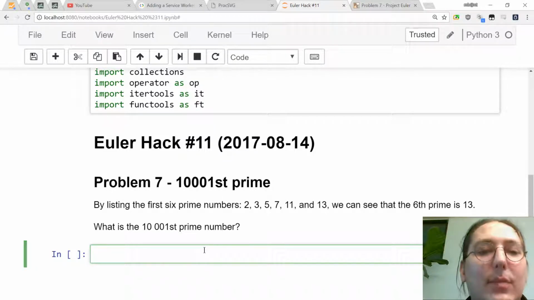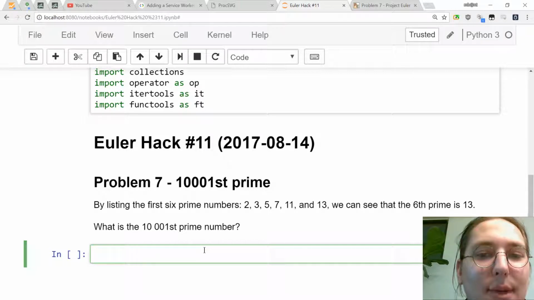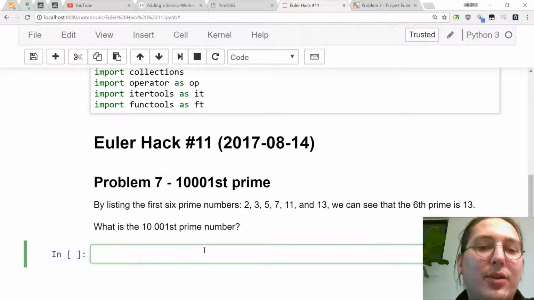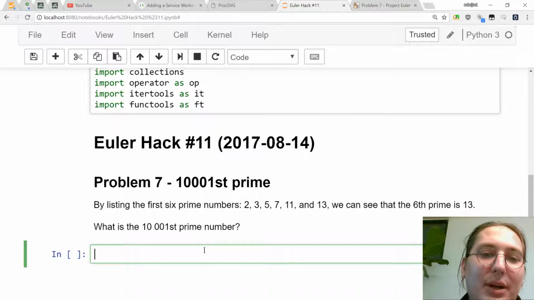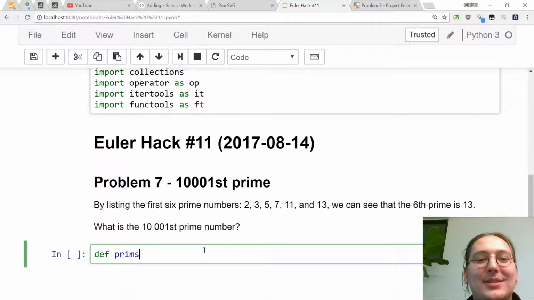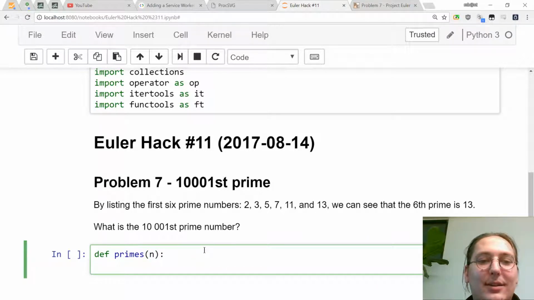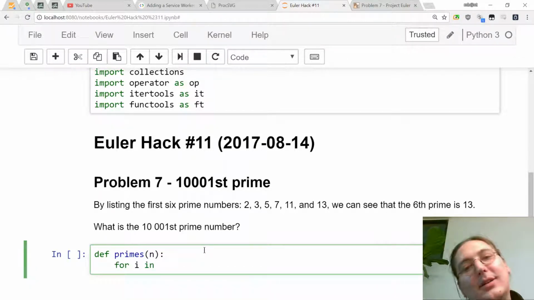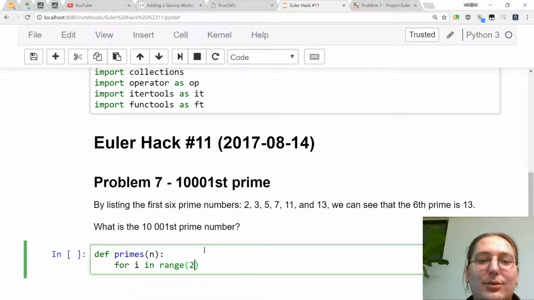Here you learn how to do primes in a clever way. We could try and make this interesting, because usually whenever I'm asked for primes, I just copy and paste something from somewhere else. But maybe that's too much cheating this time. So we could just get def primes up to n, and for i in range 2 to n plus 1.